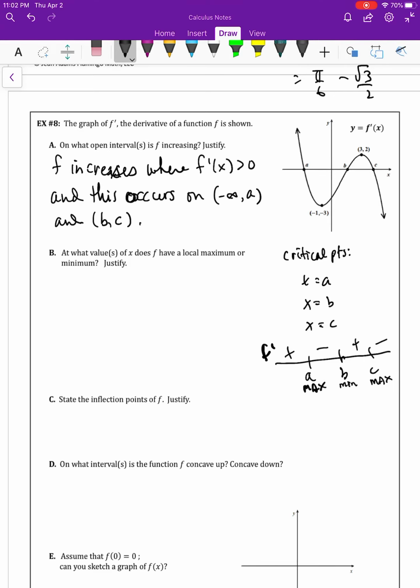Okay, because we're using f prime to tell us things about f, and they're asking where does f have a local max or a local min.